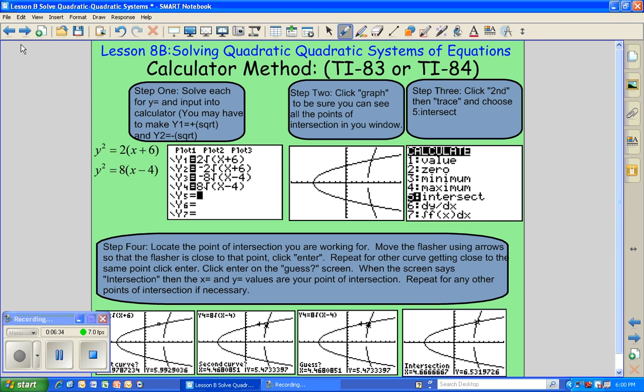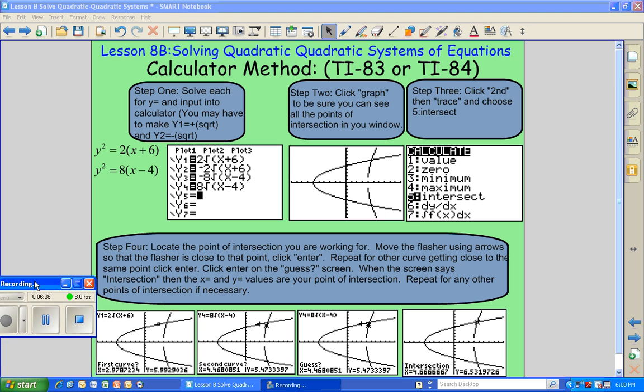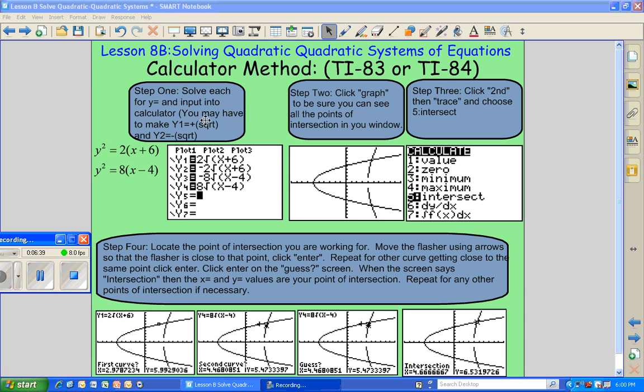All right, now as far as using your graphing calculator is concerned, one thing you need to remember is that when you go to solve your equations for y, so that you can put it into the y equals of the graphing calculator, y squared problems are actually comprised of a plus or a minus square root of x.